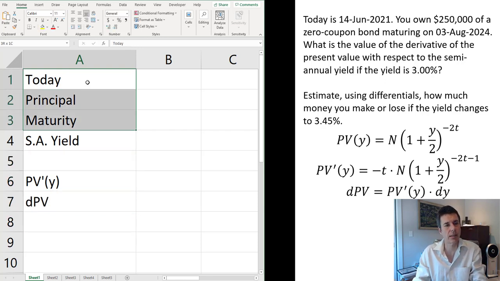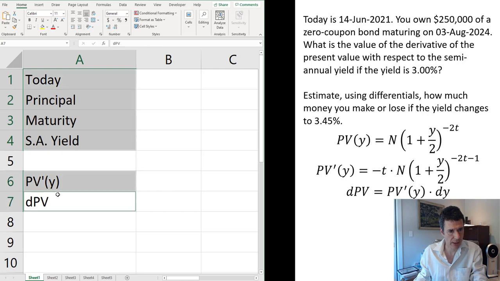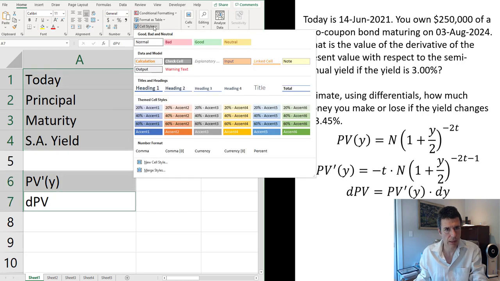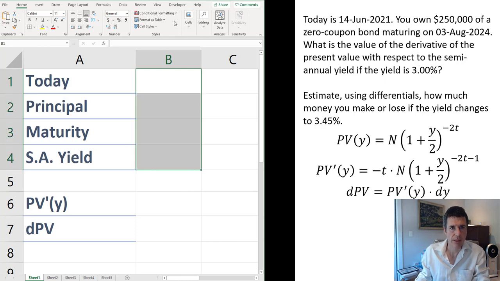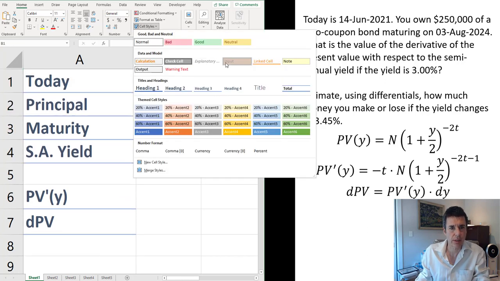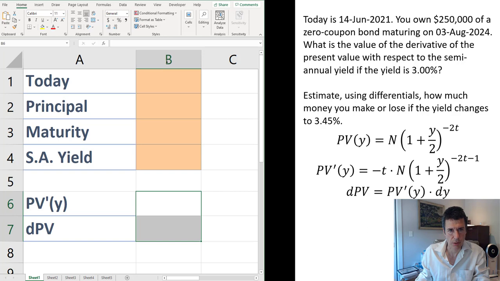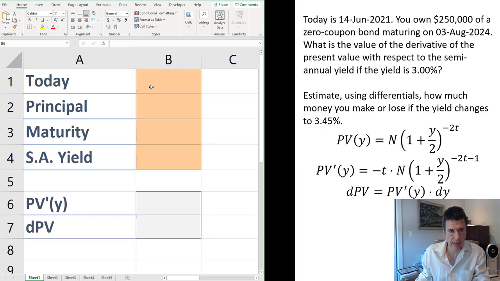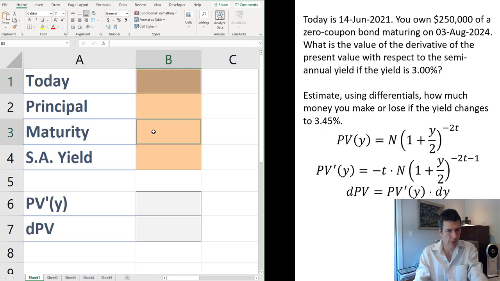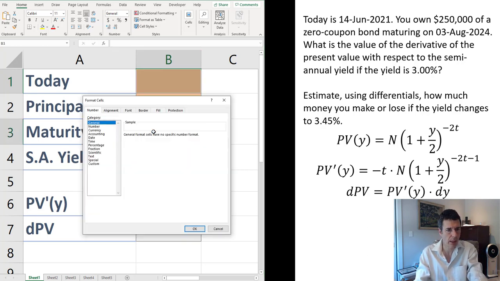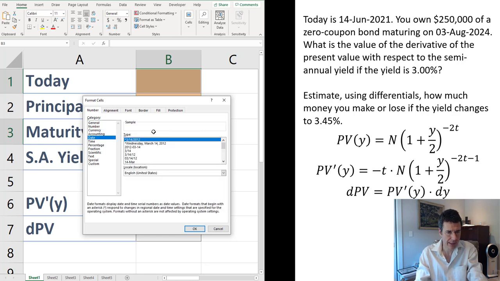Okay, so let's just get some formatting right. Set these up as headings. These are all inputs. These two are outputs. Today and maturity, I'm going to format with Control 1, tab, date, tab.